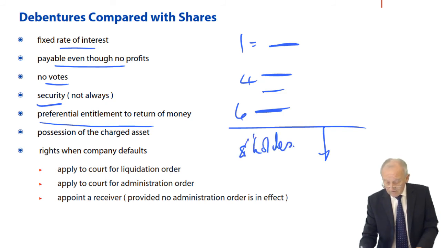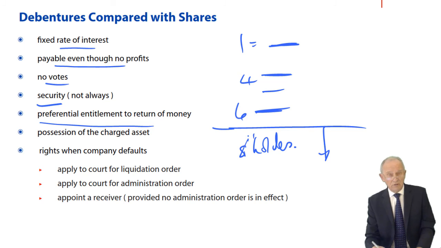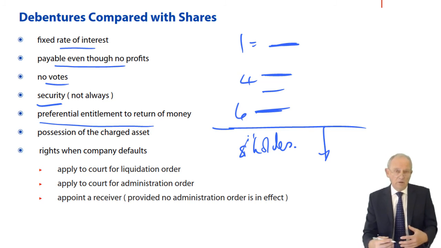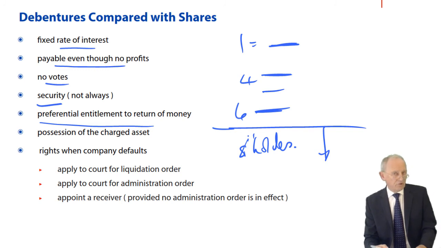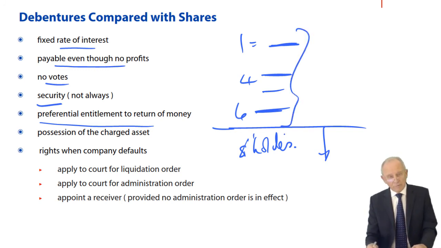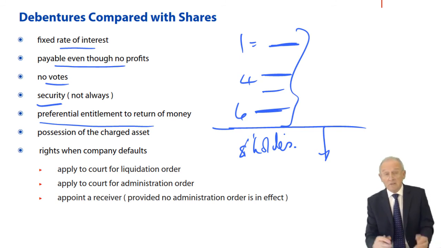So the very, very best shareholder is lower than the very, very worst debenture holder. All the debenture holders must be paid in full, and also all the trade creditors, all the creditors must be paid in full before a single penny is paid to the shareholders.